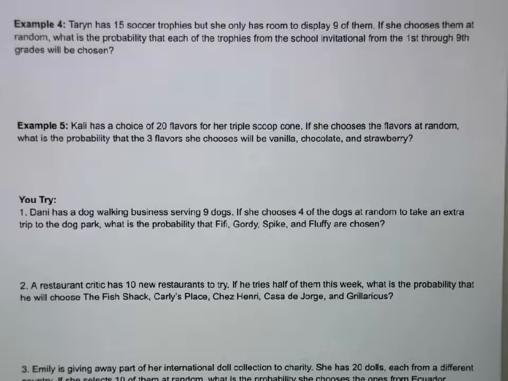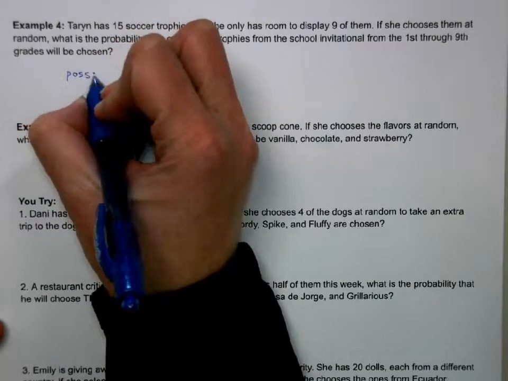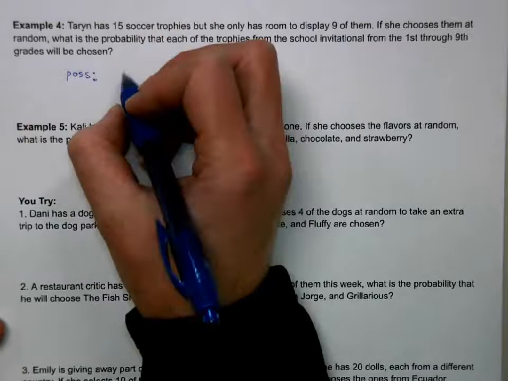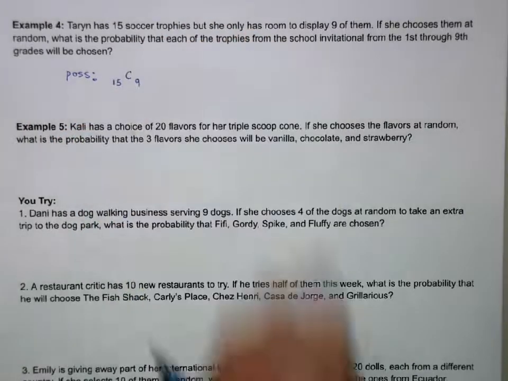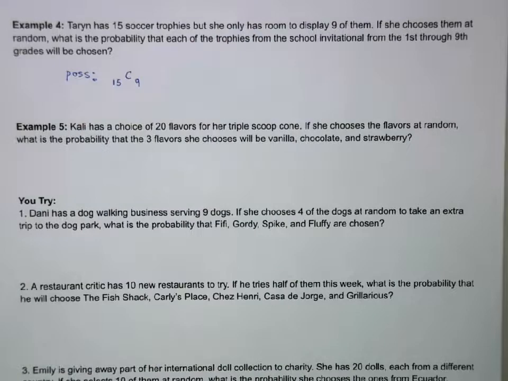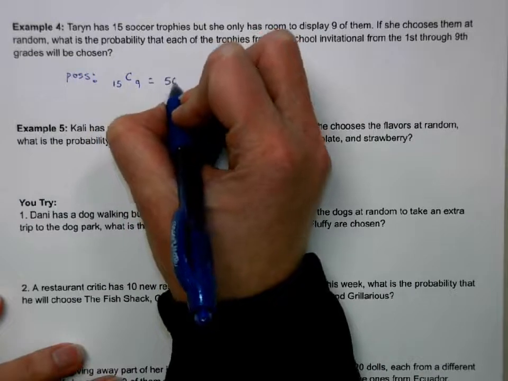Well, the possible outcomes is going to be 15C9, because we don't care if we did 1st grade, then 2nd grade, or 2nd grade, then 1st grade, as long as they're in the set. So this ends up being 5,005. Oh, I should show you on the calculator.